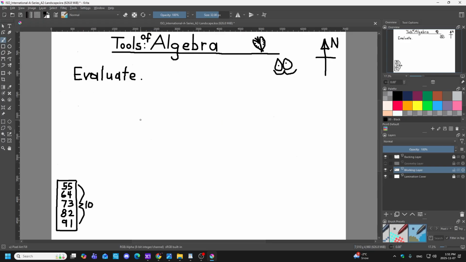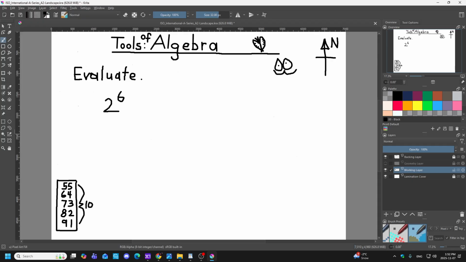So in other words, do some calculating. They have evaluate 2 to the 6th power.